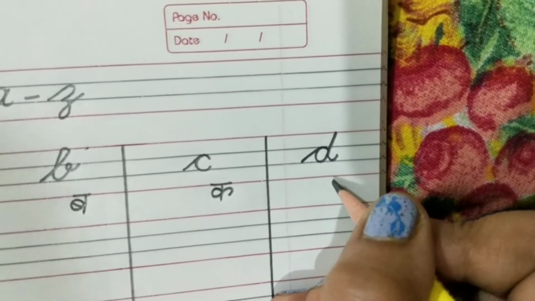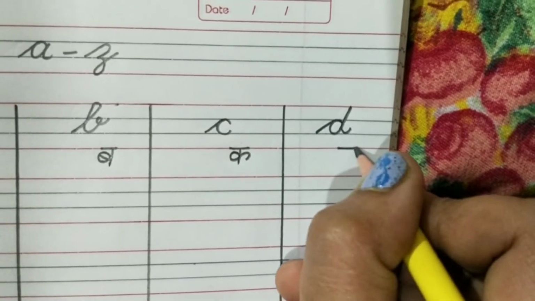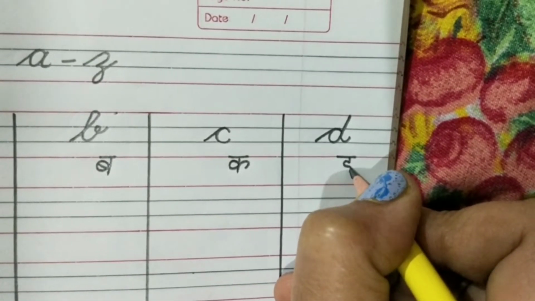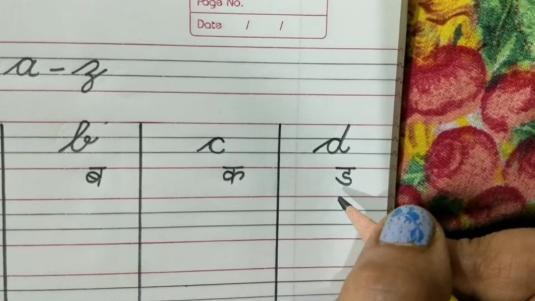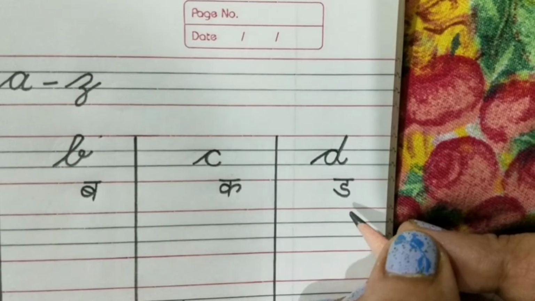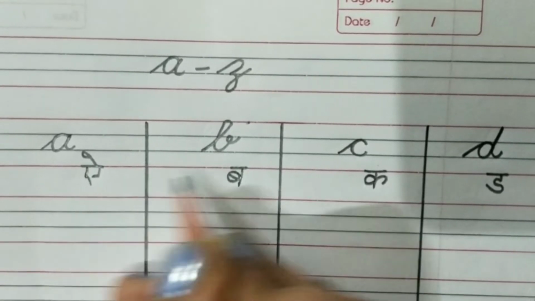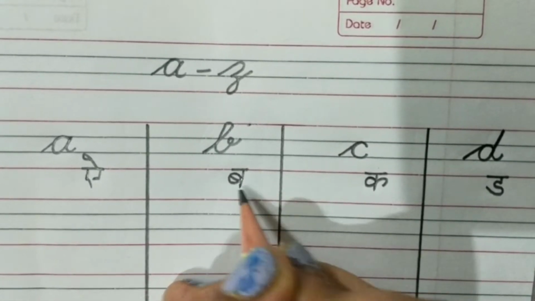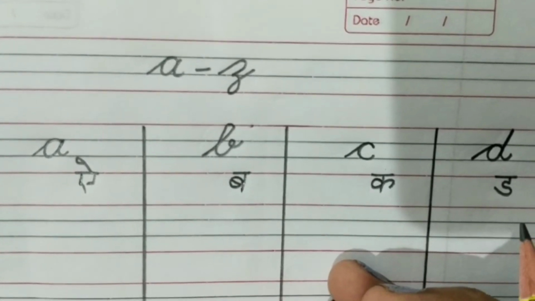This is D. D says D. The dog, the duck, the door, the dustbin. D says D. Now revise it again.